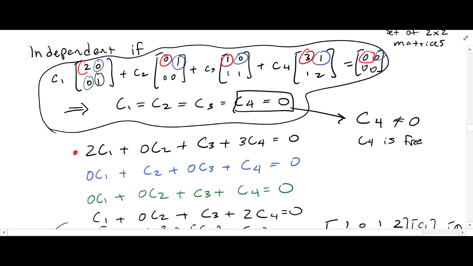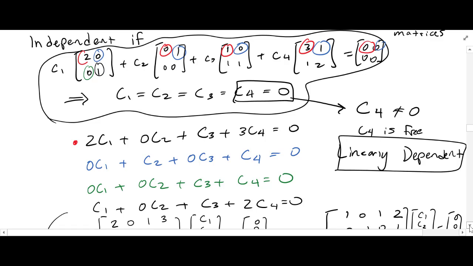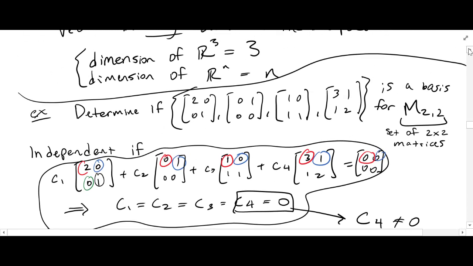So since this condition is not satisfied, that means that these matrices were linearly dependent. So the matrices are linearly dependent, which means this set does not form a basis, because they need to be independent to form a basis.